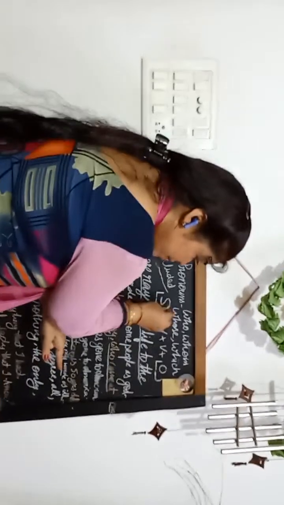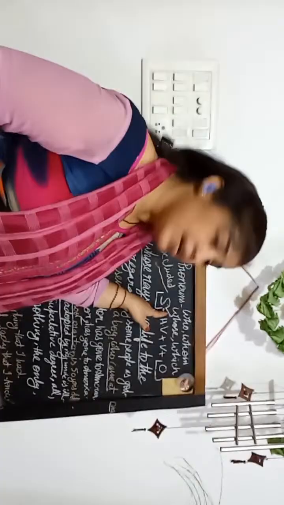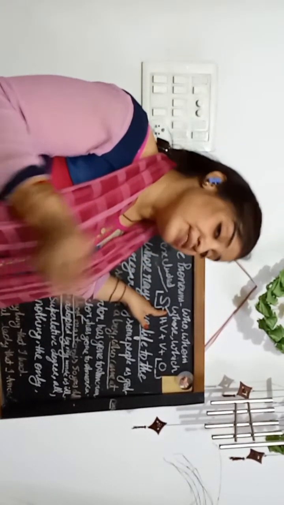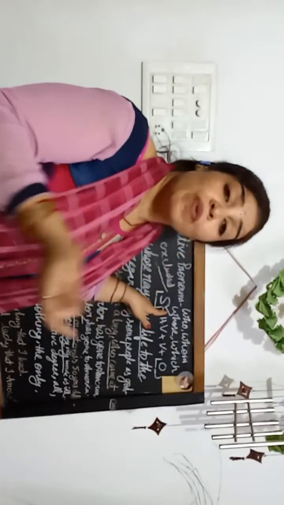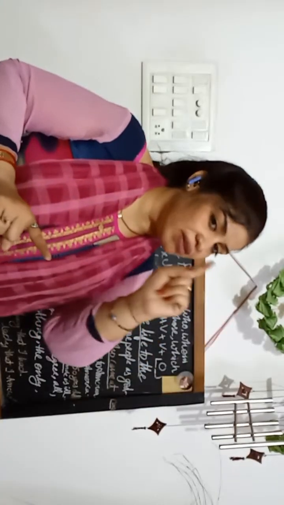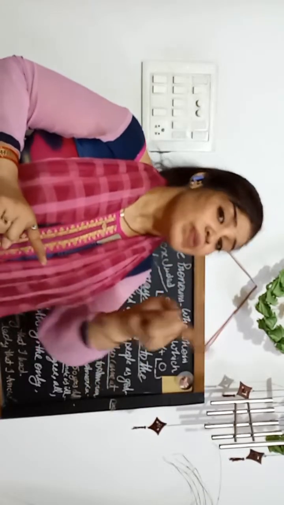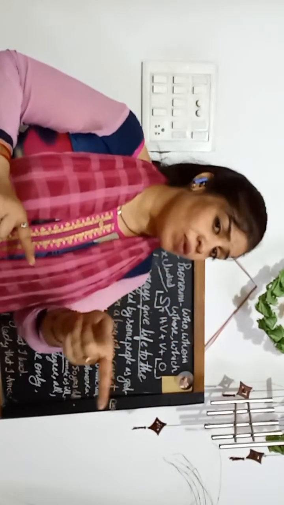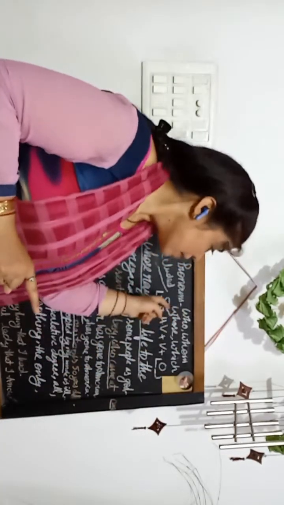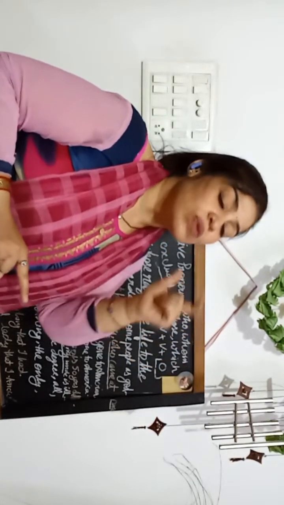Whatever extra information we add at this place is called an adjective. If it is one word, it is an adjective; a group of words is a phrase; and if it's a full sentence, it will be an adjective clause. But mind my words, if commas are there, it is a non-defining clause, non-essential. You can exclude it. And if it is written without commas, you can't exclude this clause.